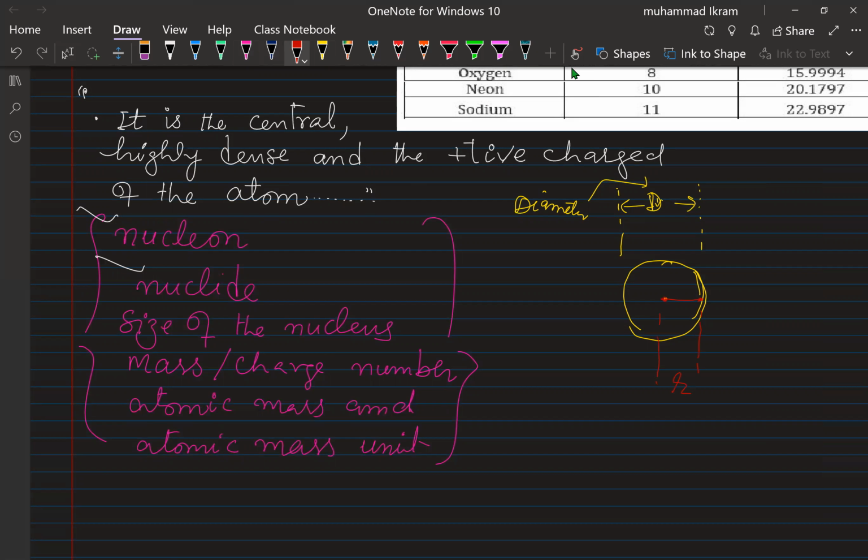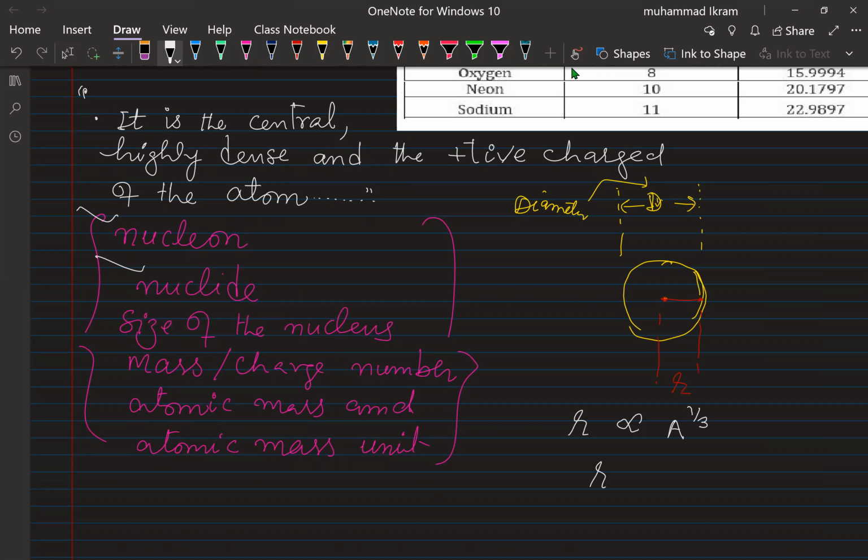Experiment reveals that not all atoms have the same radii. Experiment shows that the radius of the nucleus, you must remember this, it might be in your MCQs, is directly proportional to the cube root of the mass number.